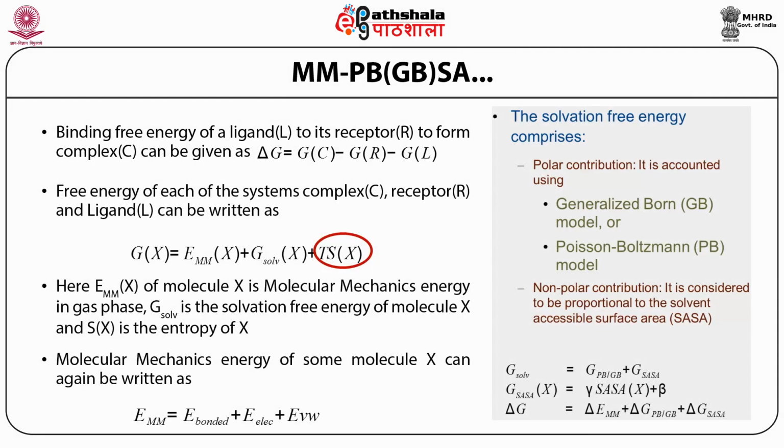I would now discuss another important method, more commonly used recently, called molecular mechanics by PB or GB surface area. These two techniques have been described earlier, but for completeness of my slide, I will show you those two formulas as well.